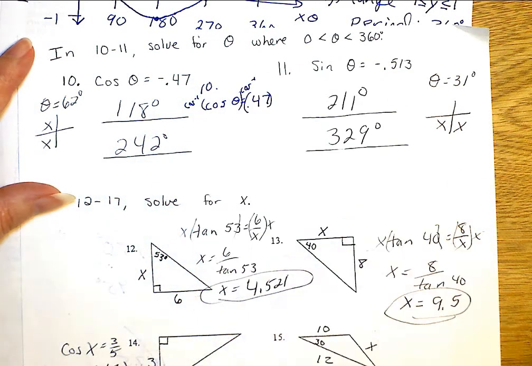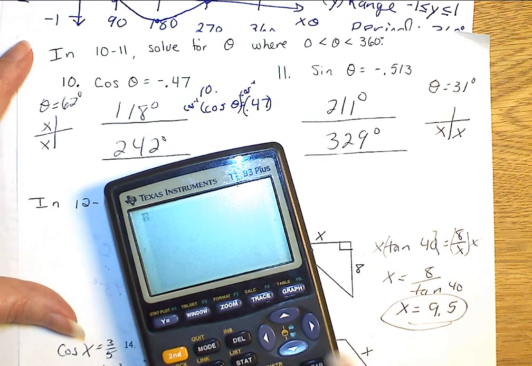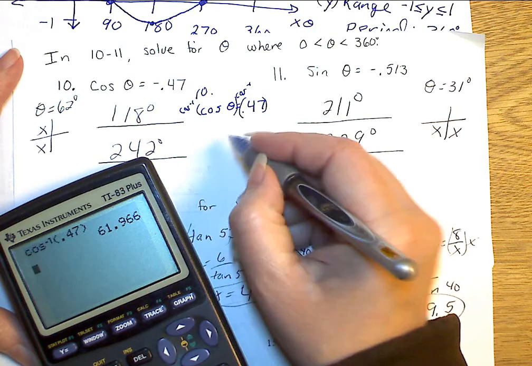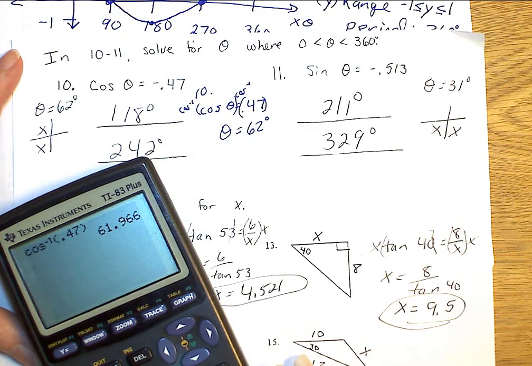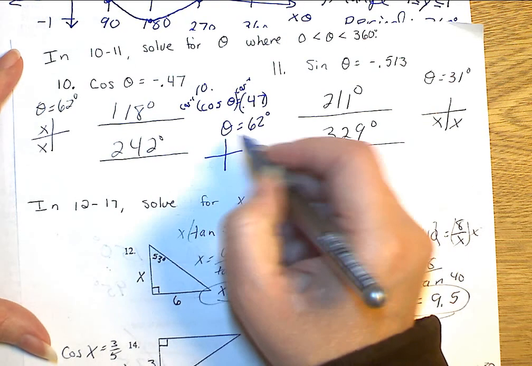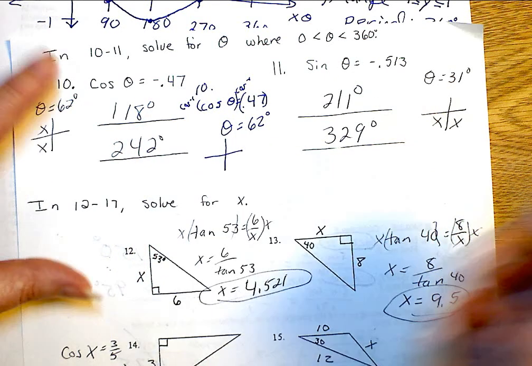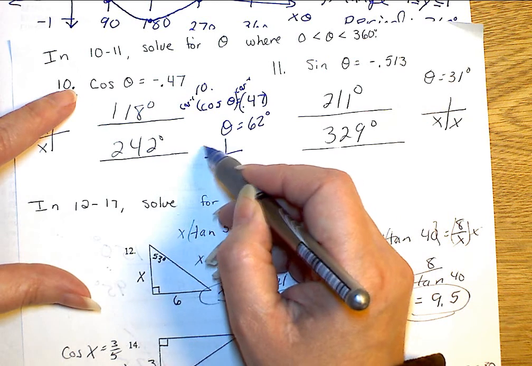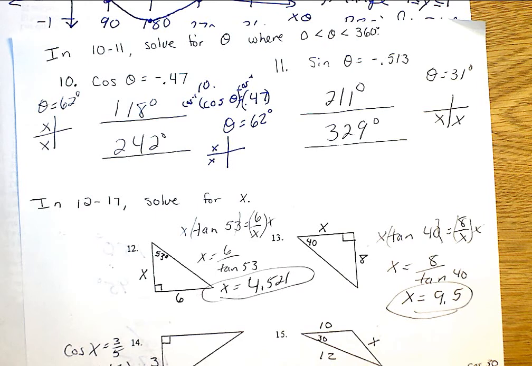In my calculator, I'm going to go cosine inverse of 0.47, and that gives me a theta of about 62 degrees. Then I have to think, where is cosine negative? Cosine, is that my x or my y? X. So that means it's here and here where cosine is negative.